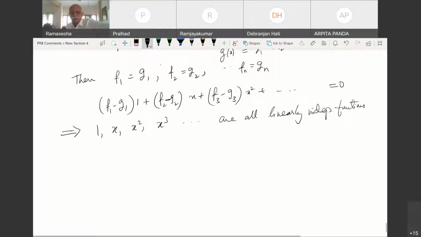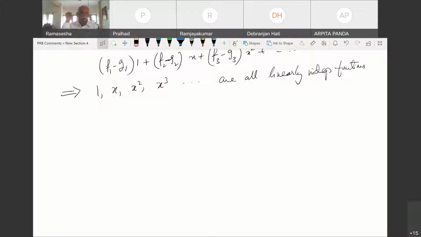You remember this? I have definitely used this particular thing of equating coefficients of equal powers of x on the left and right hand side. That property just shows that powers of x are linearly independent. Okay, any question? No? No, sir.